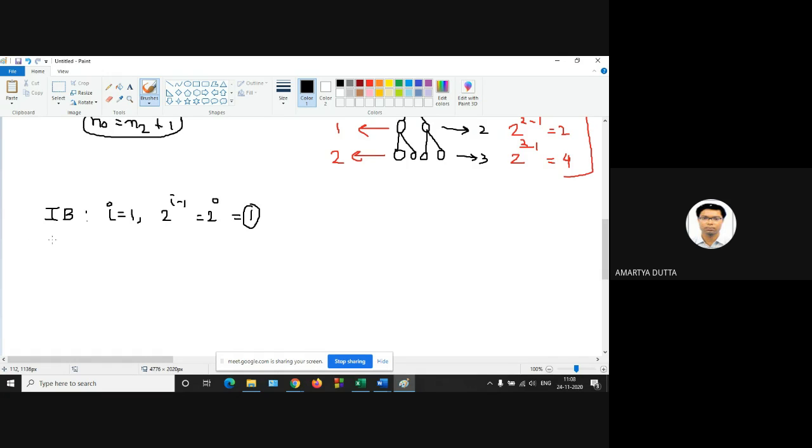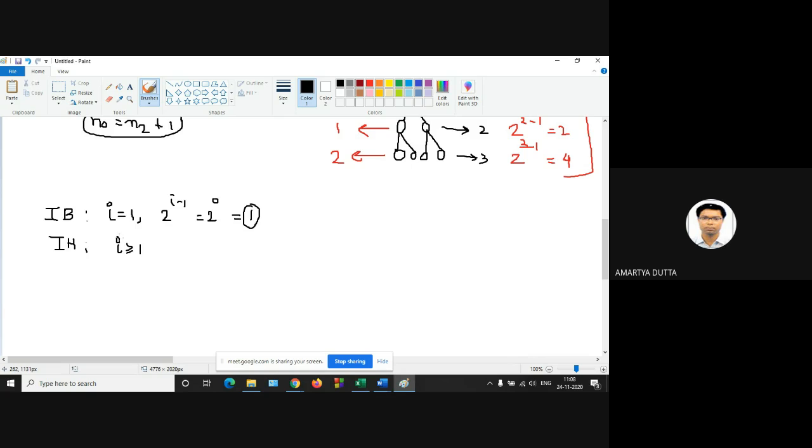Next one is the induction hypothesis. Let I be an arbitrary positive integer which is greater than or equal to 1. It is given that I is greater than or equal to 1.